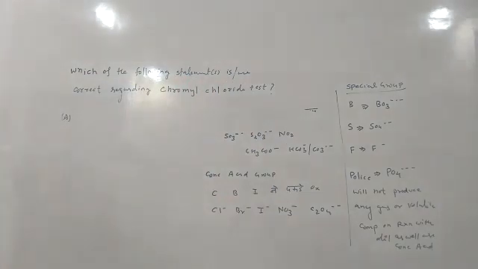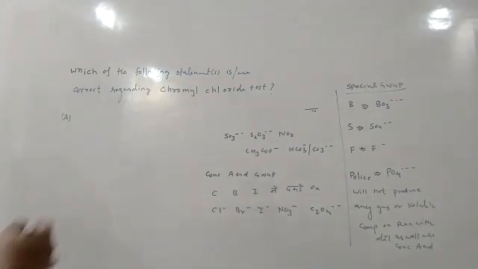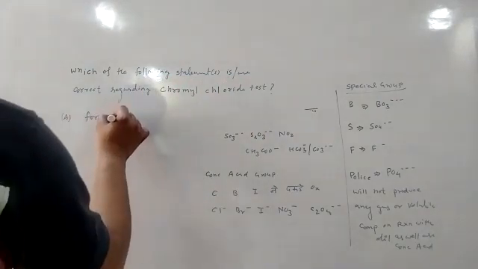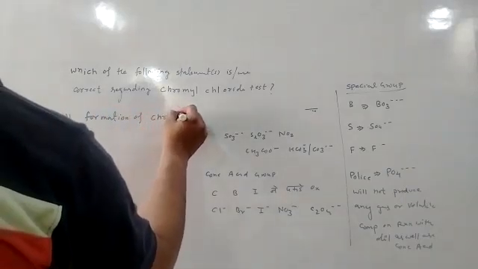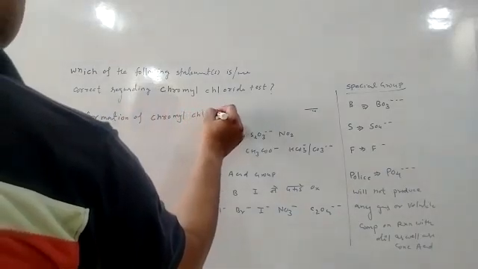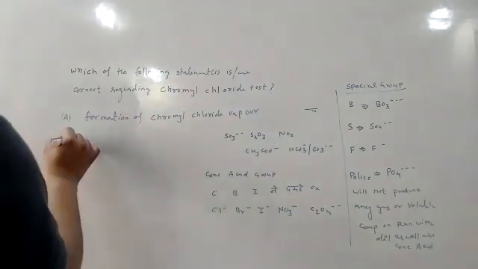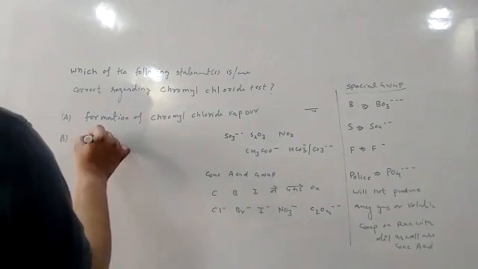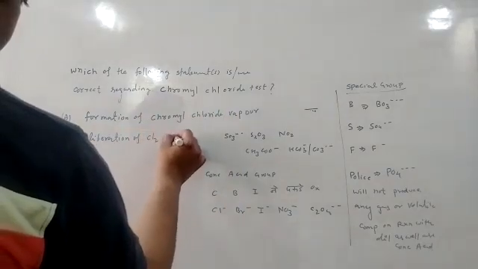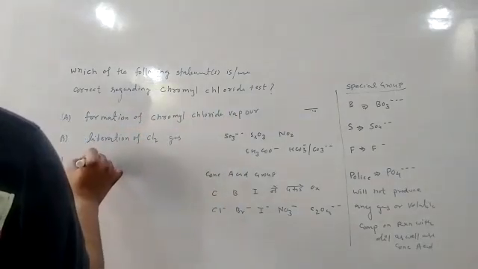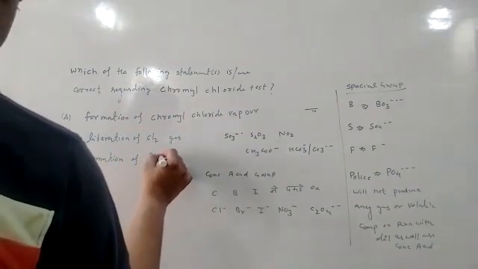First option, formation of chromyl chloride vapor. B option, liberation of Cl2 gas. C, formation of lead chromate PbCrO4.